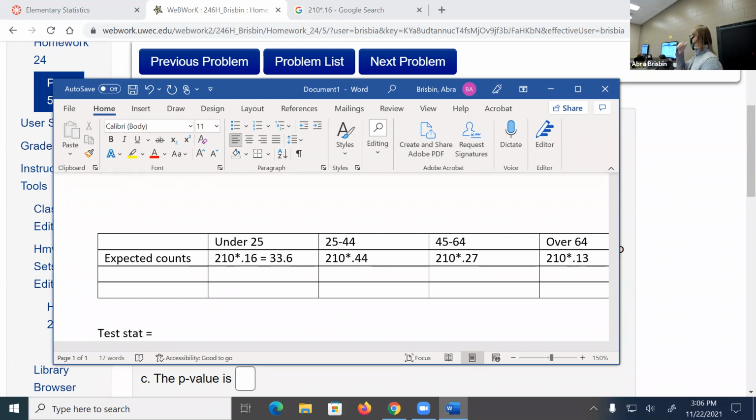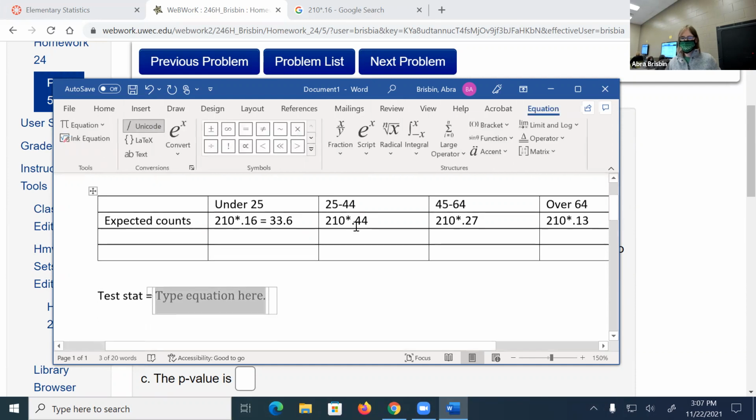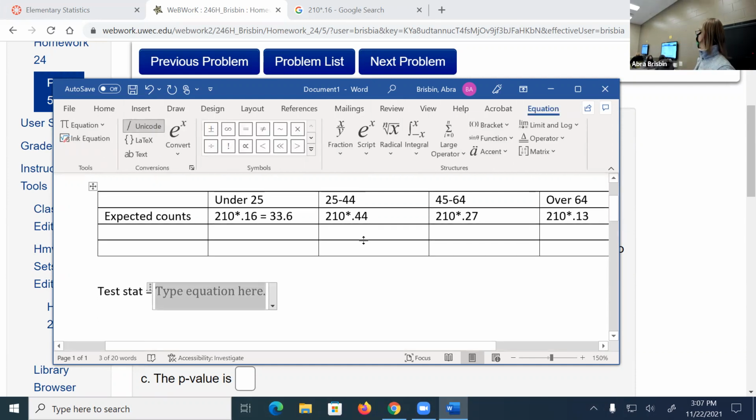Everybody find the formula for the test statistic in your notes and show it to the other people at your table. All right.